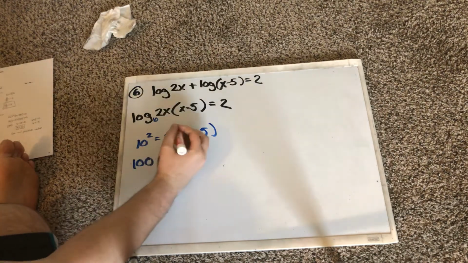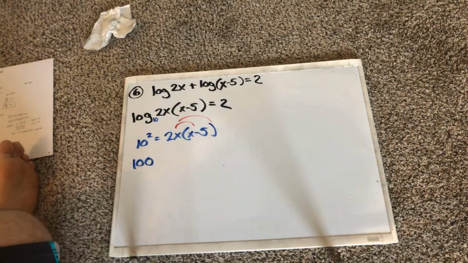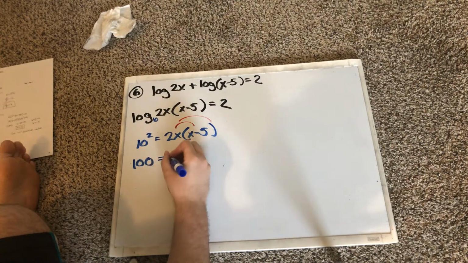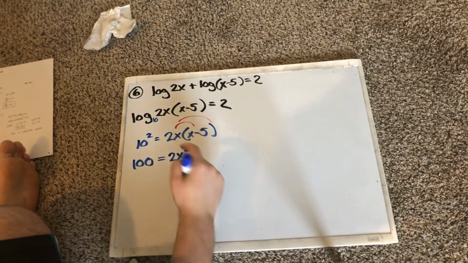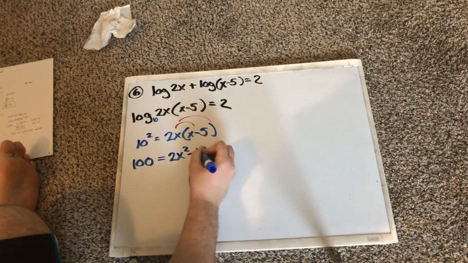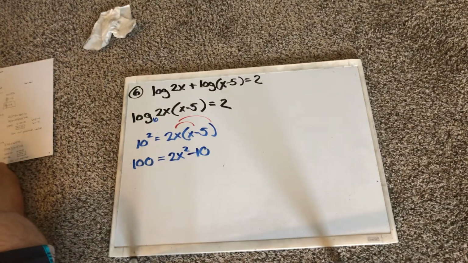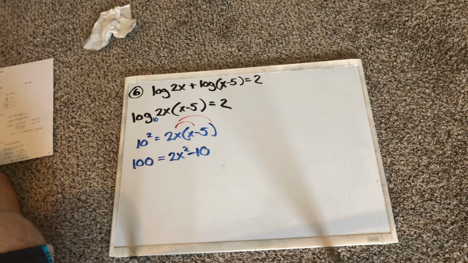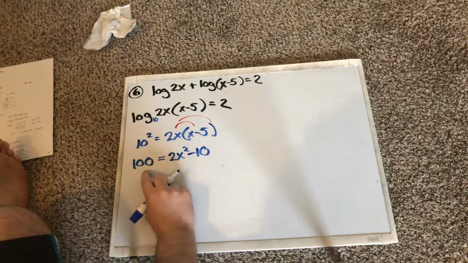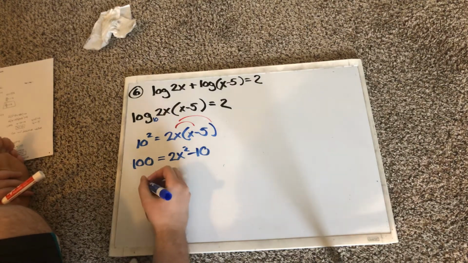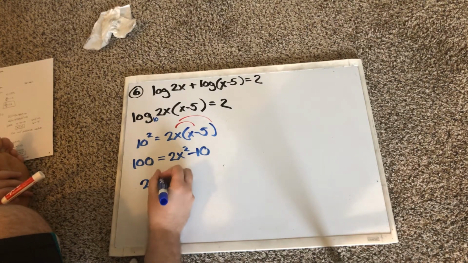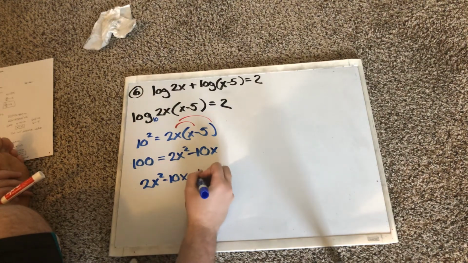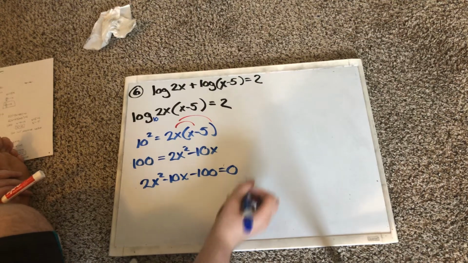So now 10 squared is 100. And if I distribute, 2x times x is 2x squared. 2x times negative 5, negative 10x. And if you haven't guessed it already, whenever we get a square here, we're going to have to factor. So I need to set this equal to 0. I'm going to subtract 100 from both sides. So I get 2x squared minus 10x minus 100 is equal to 0.